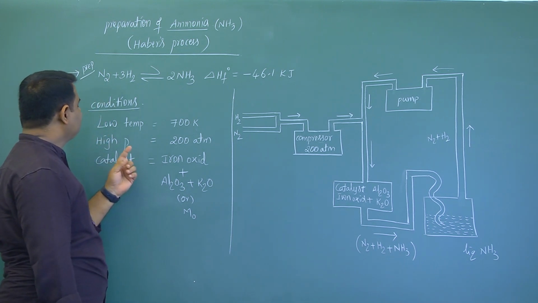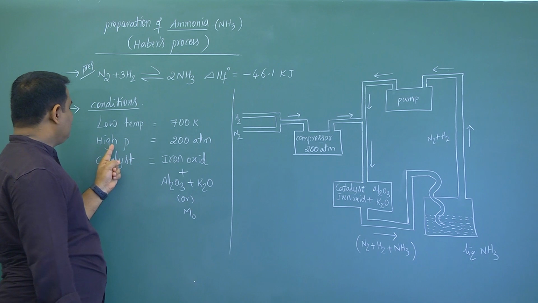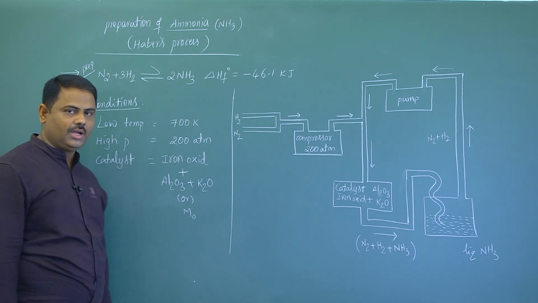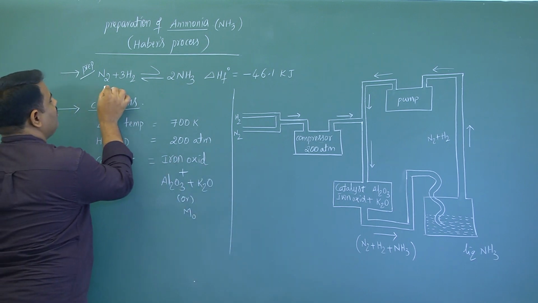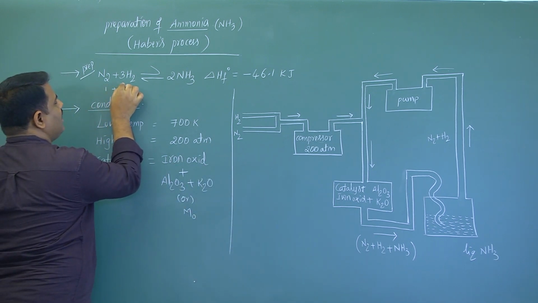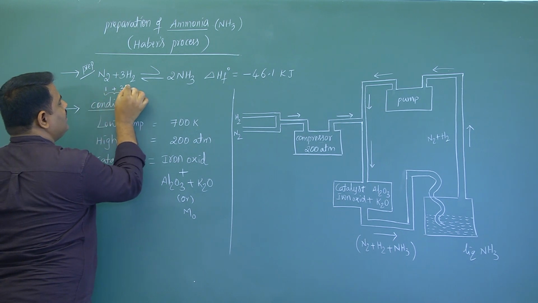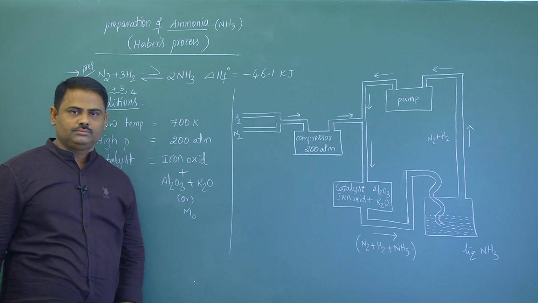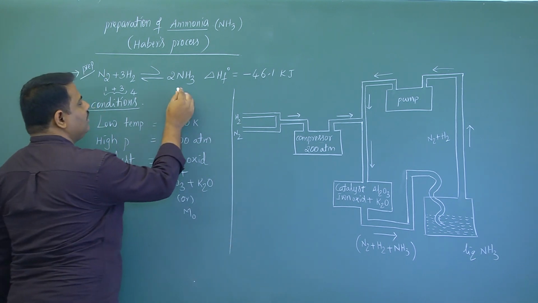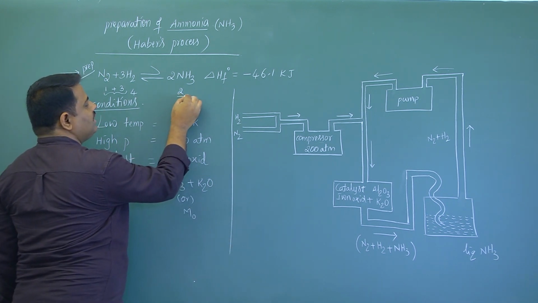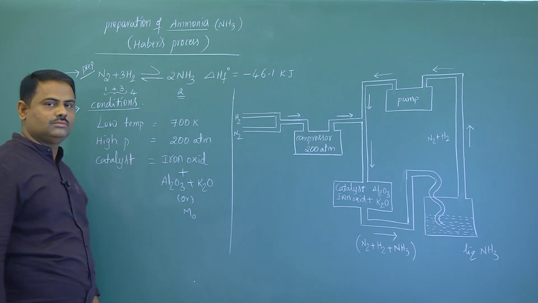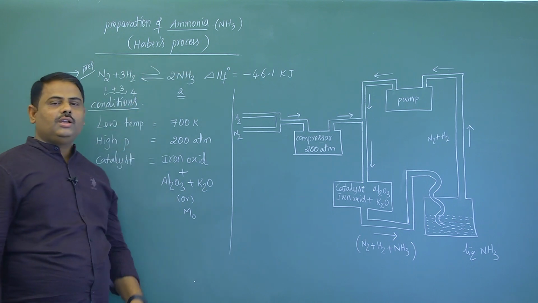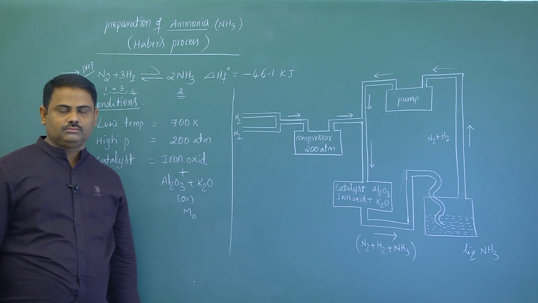Now here, second condition, high pressure is required to prepare ammonia, because here 1 mole of nitrogen reacts with 3 moles of hydrogen, total number of moles of reactants are 4, and here you are getting 2 moles of ammonia. So in forward reaction there is a decrease in the volume.